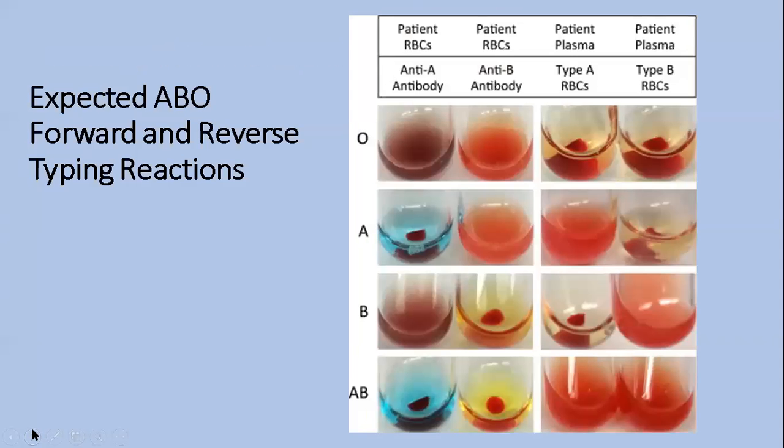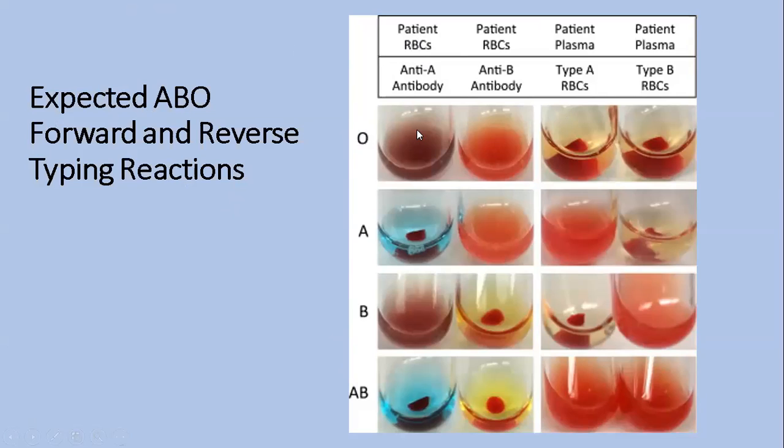Okay, so this is a great picture I found on the internet, which I love, love, love. Whoever did this, thank you. This is basically showing the expected ABO forward and reverse typing reactions for each blood type. Forward testing is telling us the antigen a person has on their red cells.